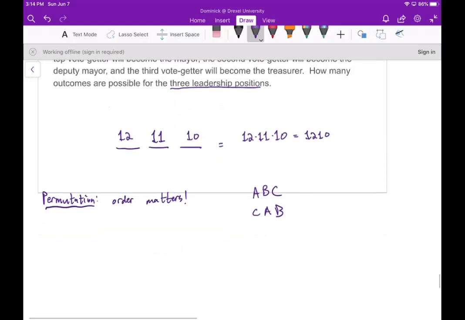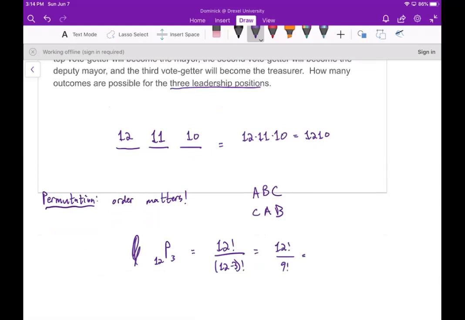So this means that I have 12 items from which to select 3. And of course, the formula for this is to take 12 factorial and divide this by 12 minus 3 factorial, which is 12 factorial over 9 factorial.